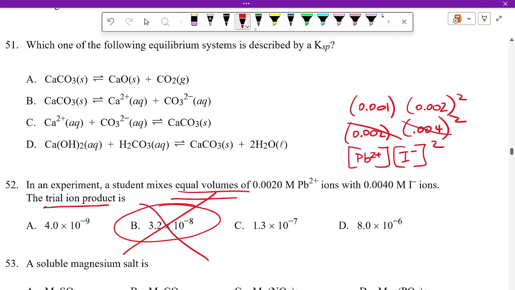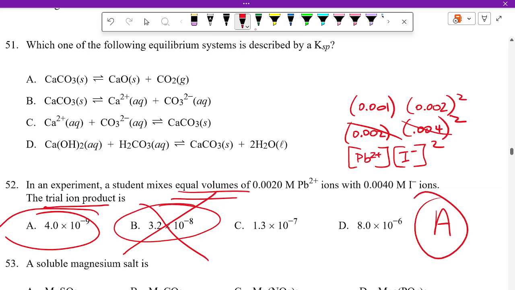The concentrations are halved, which is what I did wrong. So we have 0.002 squared times 0.001 equals 4 times 10 to the negative 9. So it should be A. Okay, number 52 should be A.